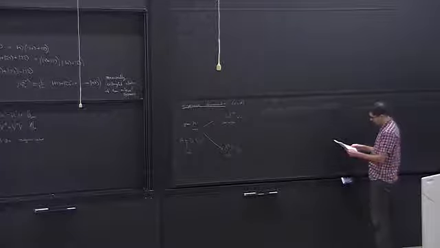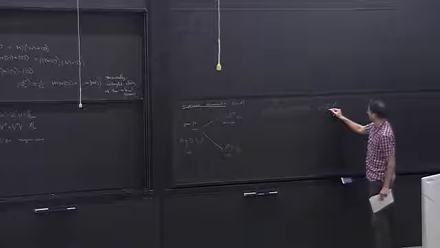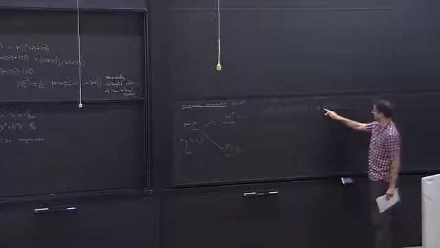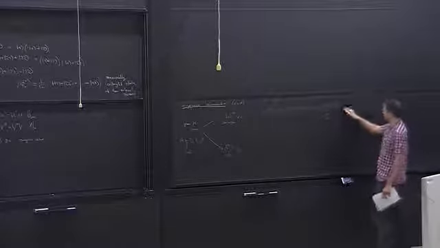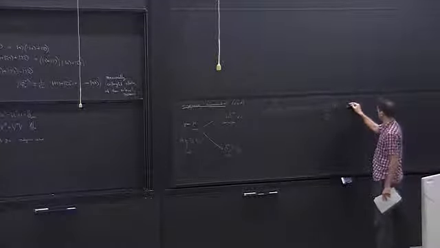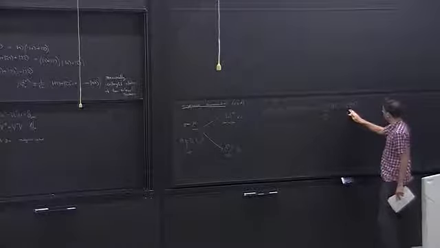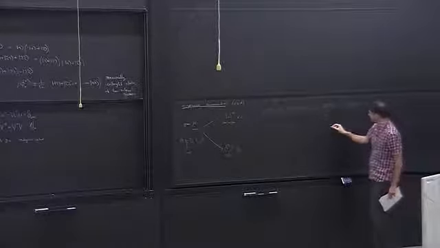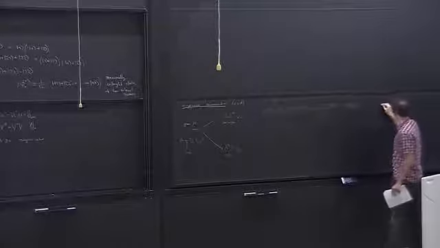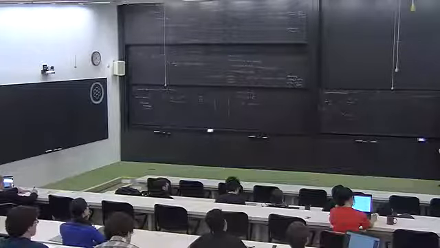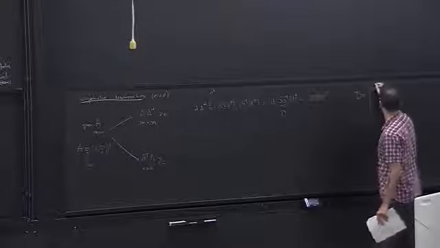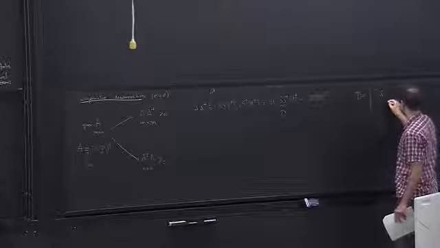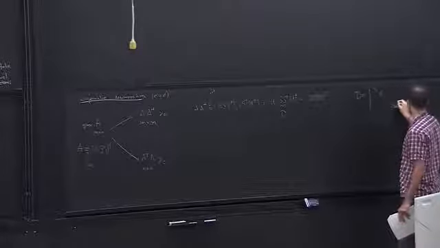And I'm going to simply define S S dagger as some diagonal matrix D. Remember, S is diagonal, so S dagger is also diagonal. And so this is U D U dagger, where D is nothing but S1 squared, S2 squared, up to Sm squared.